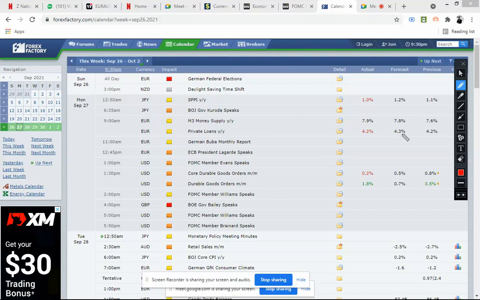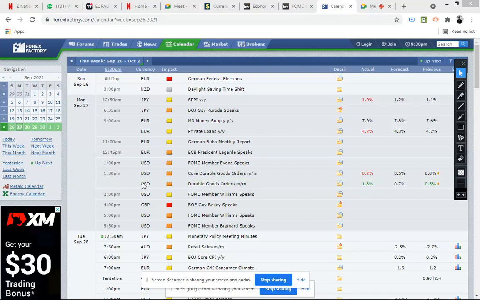So the fundamental of this currency is not what gave us the trade. But I think it happened again with Euro, and there's no data released. USD here is positive.